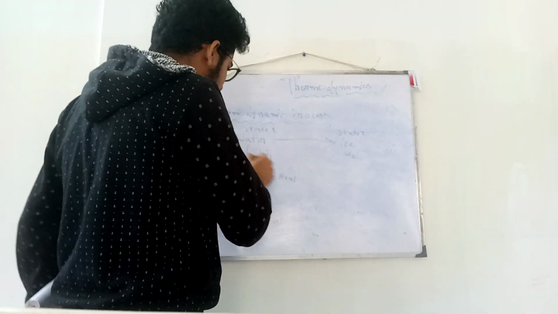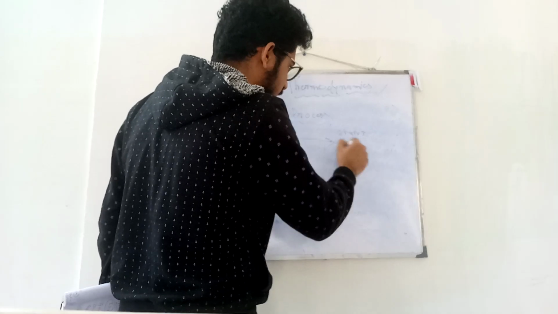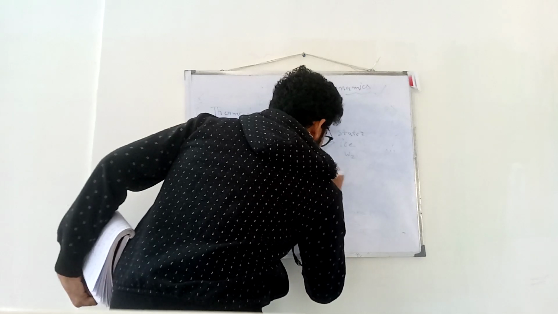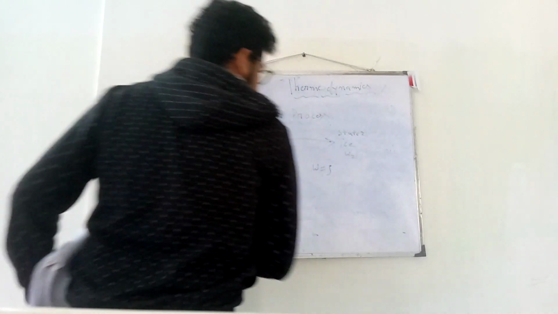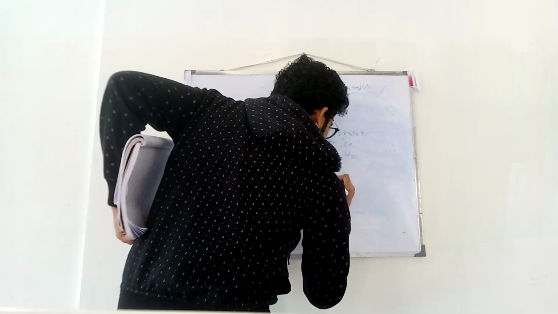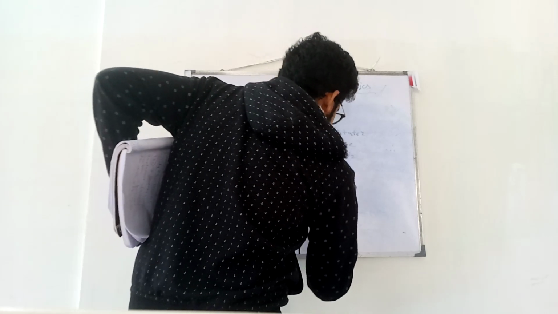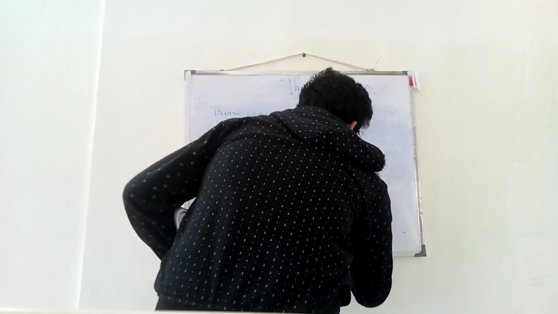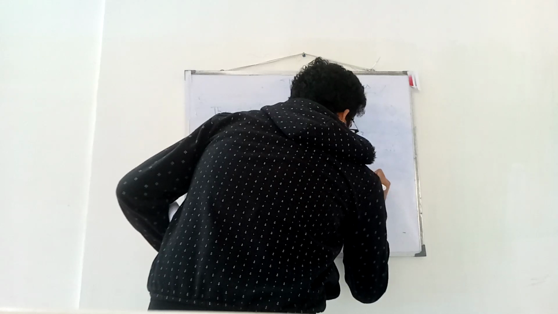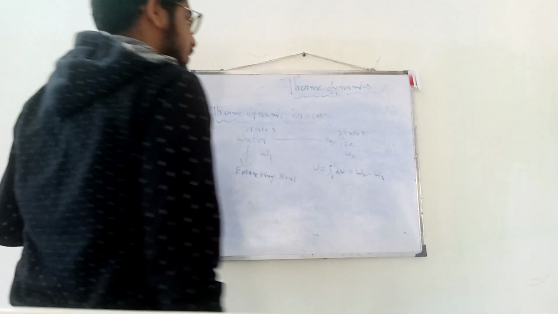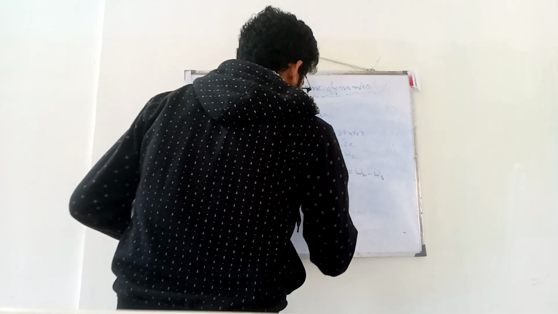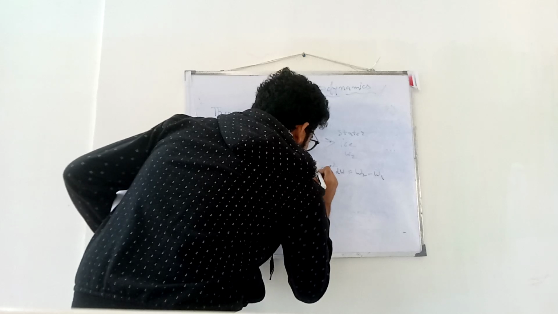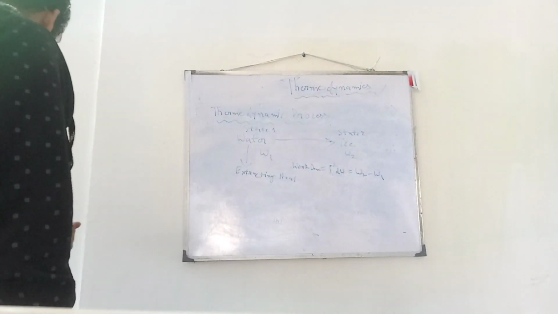The work in the first state and the work in the final state, their difference will give the work done. That means the integration from initial state to final state will give the work done, W2 minus W1. This is the formula of work done.